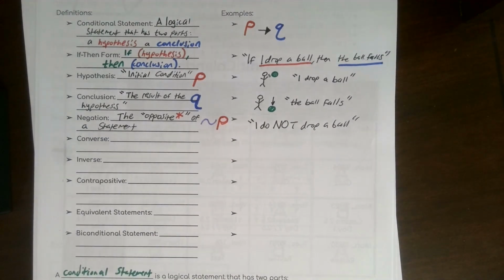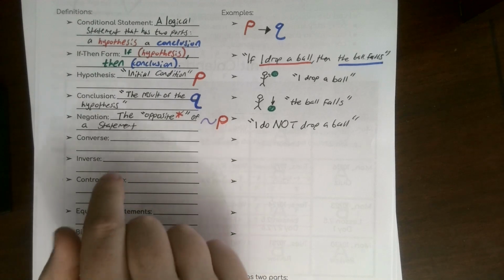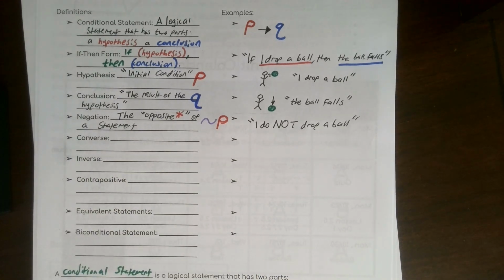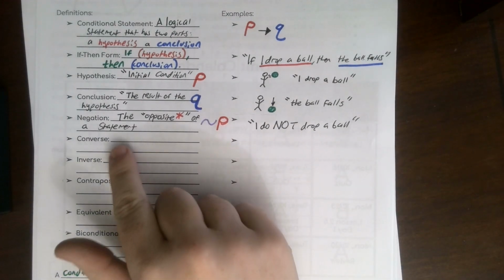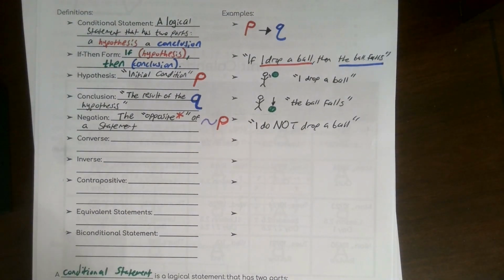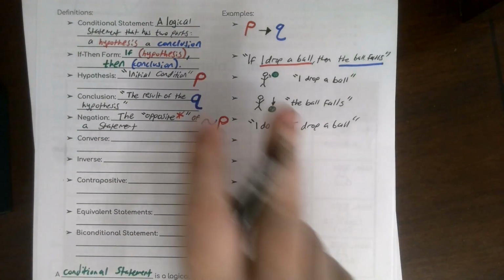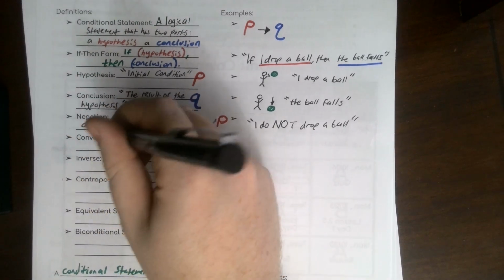Now that we have that in mind, we can talk about the converse, inverse, and contrapositive. Again, complicated words, but these are just ways that we can change our statements up. Like the negation turned it negative. The converse of a statement flips around its hypothesis and its conclusion. To write the converse of a statement, we literally flip the hypothesis and conclusion around.